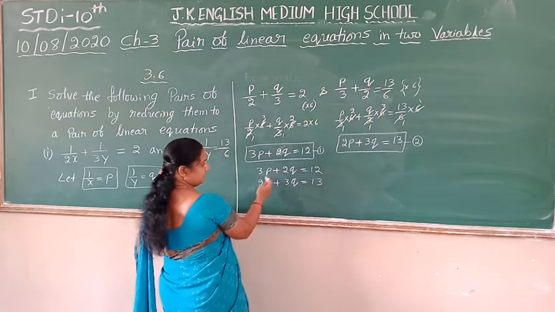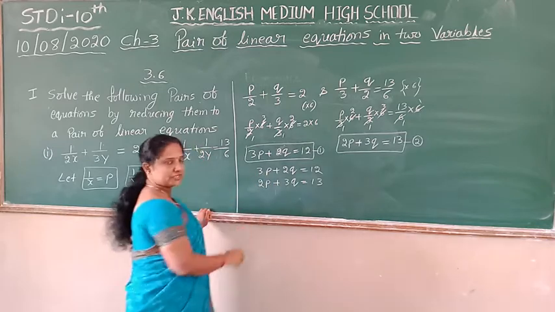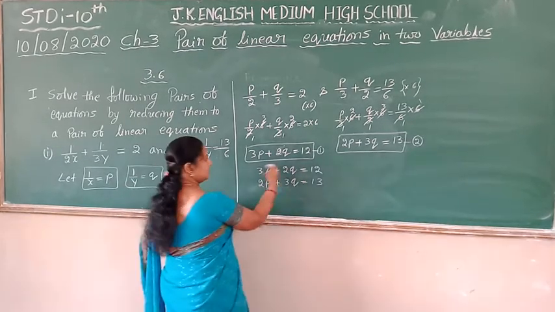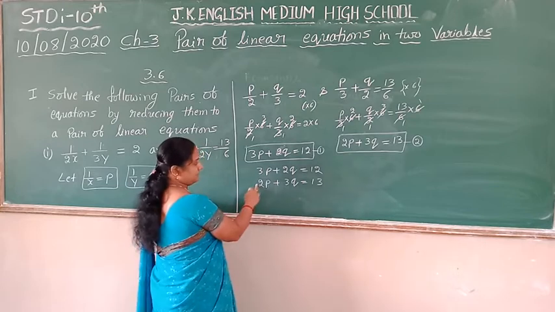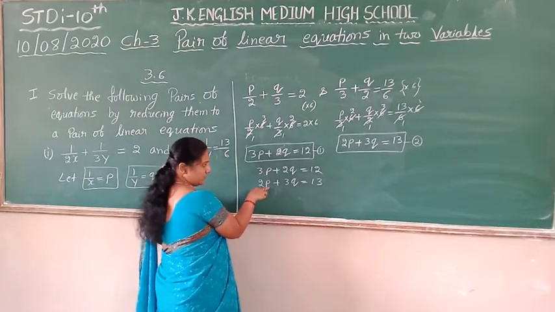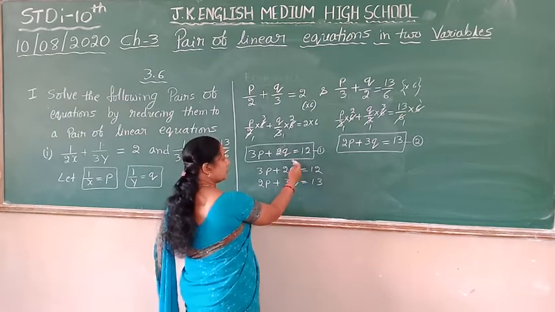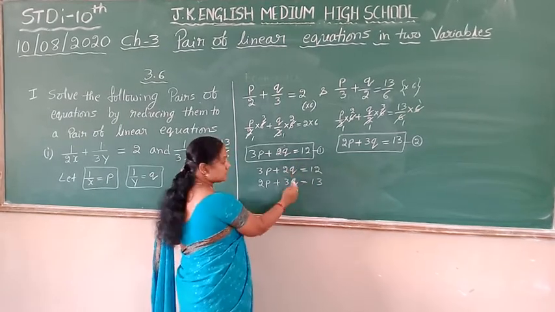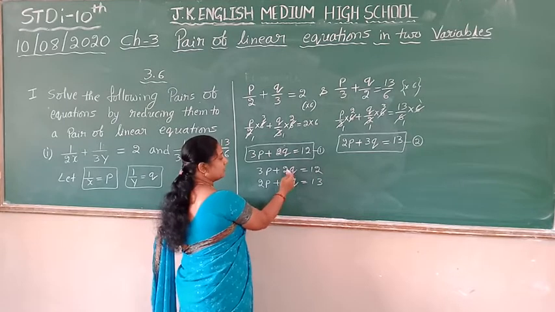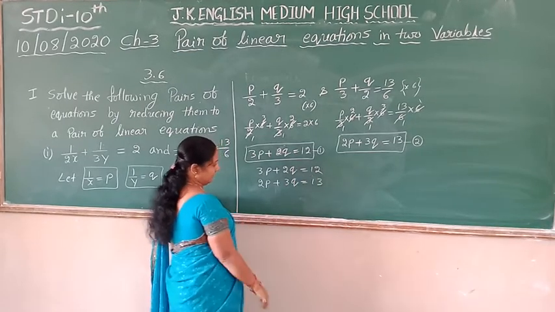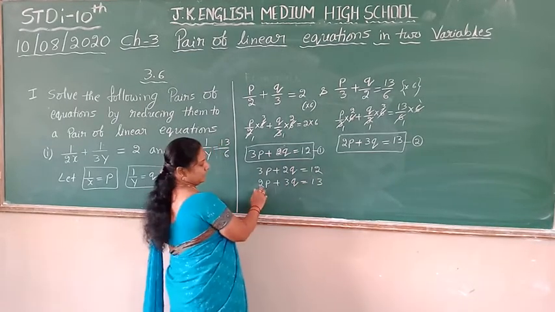If you cross multiply the numerical coefficients, interchanging them, they become the same. If you want to eliminate the q variable, you have to interchange these two and multiply. So now I am going to eliminate the p variable.